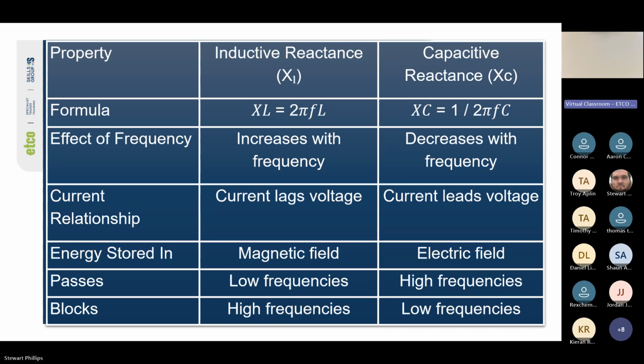Yeah, so we have 0 degrees of phase displacement. But what do you think would happen at that point? If we have balanced capacitive and inductive reactance, what could happen at that point?